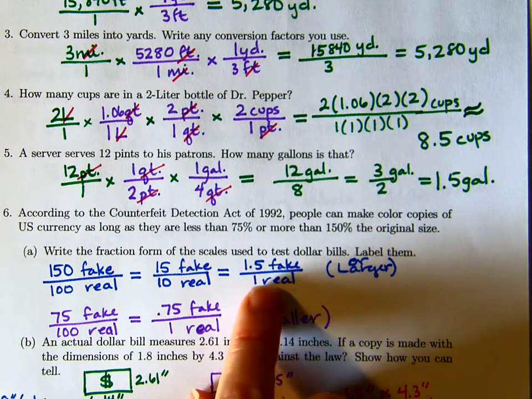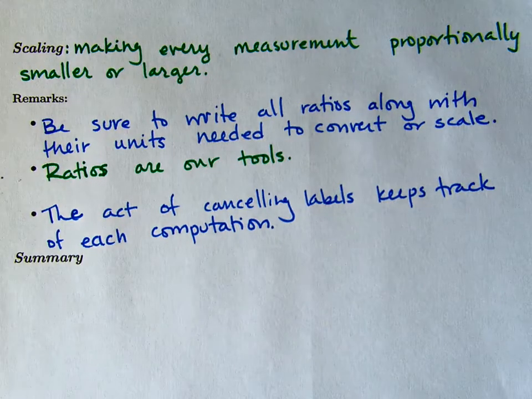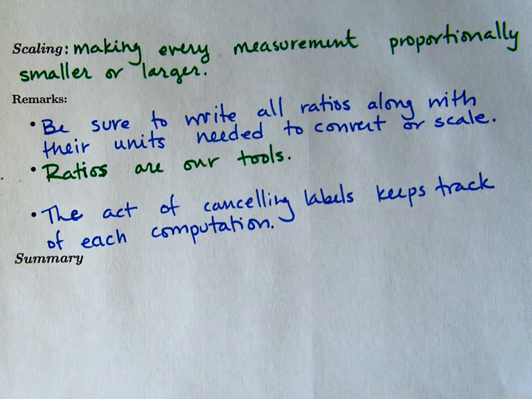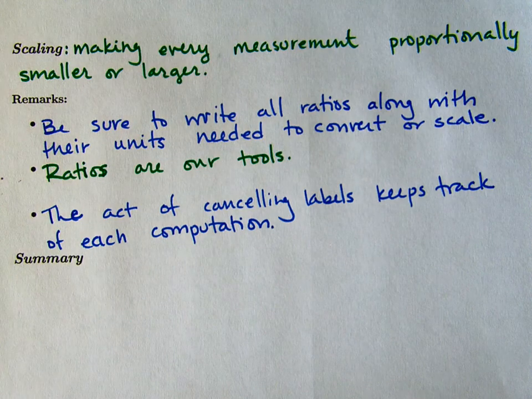Like here we actually even had to come up with our own ratio, and then following these steps will really help you ensure that you're doing it correctly. Label, label, label. Everything is all about units. Things change if you get your units wrong. Okay? All right. Happy scaling.